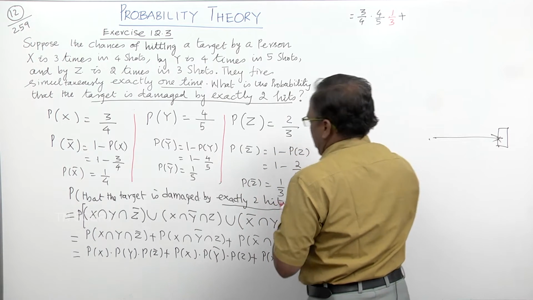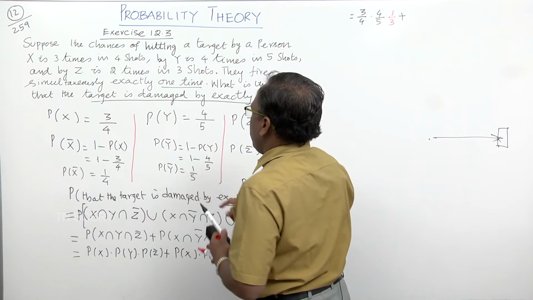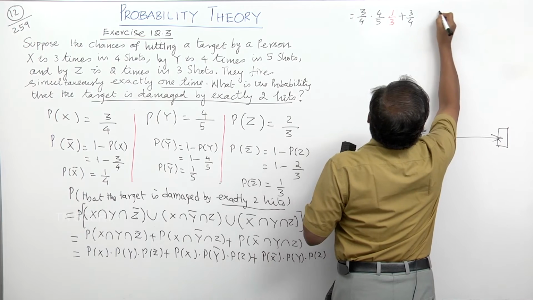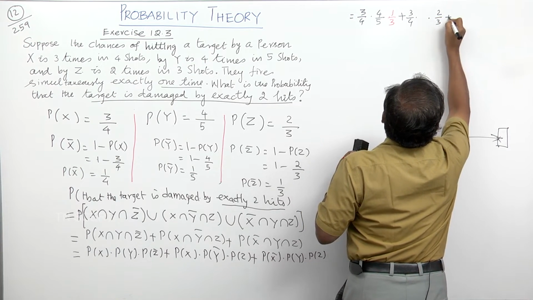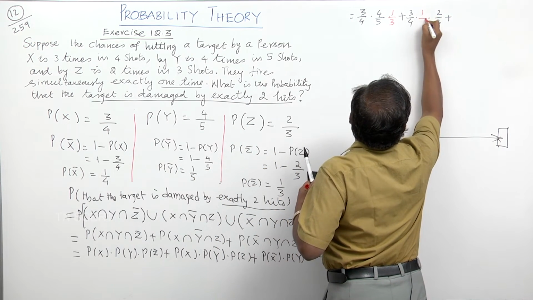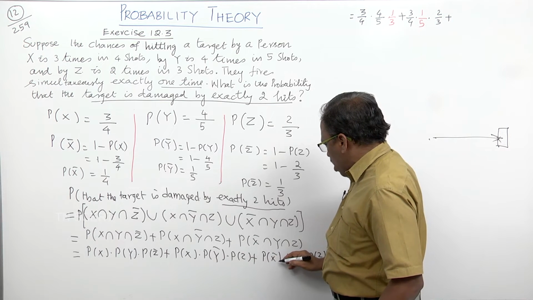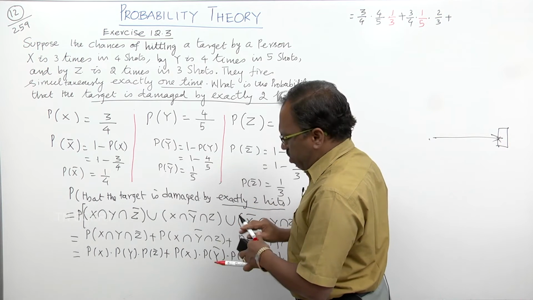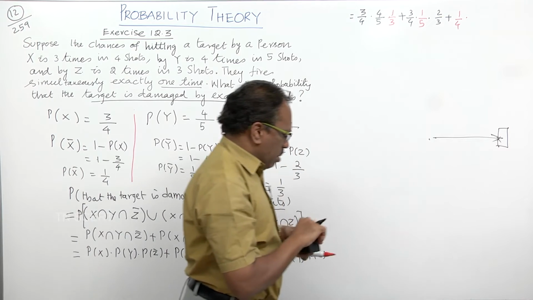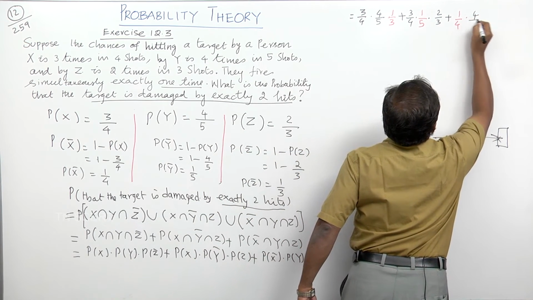Plus the second one: P of X, P of Z, and P of Y bar, which is 1 by 5. That means 3 by 4 and 2 by 3, and P of Y bar is 1 by 5. Plus the third term: P of X bar, P of Y, P of Z. P of X bar is 1 by 4, into P of Y, which is 4 by 5, and P of Z is 2 by 3.